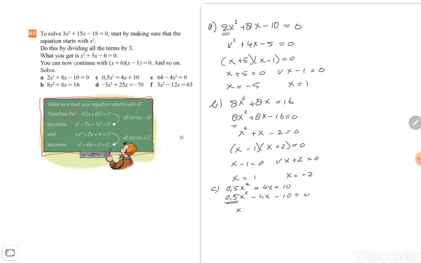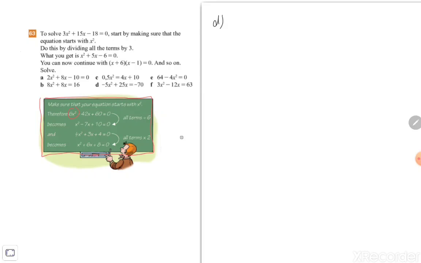So you get x squared minus 8x minus 20, and even the 0 I'm going to multiply by 2, but that's still 0. Now, to create your x's, you get x minus 10 and x plus 2 is equal with 0. So x minus 10 or x plus 2 is 0. Sorry, it's equal with 0. So x is 10 or x is equal with minus 2.